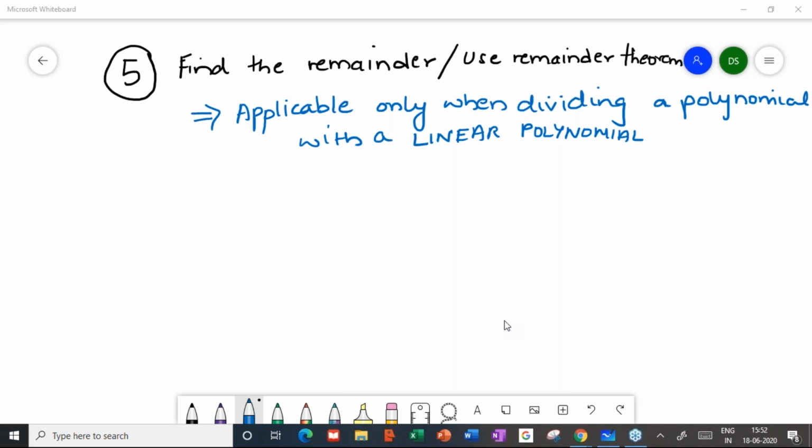It might pick up. The connection might be fine. So don't worry. Audio connection has been lost. I haven't written anything after linear polynomial. I'm just waiting for this connection. Okay, can you all refresh your connection once?